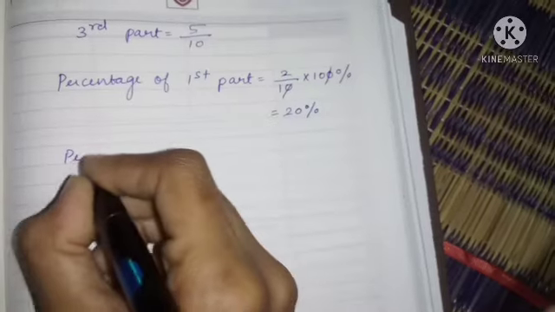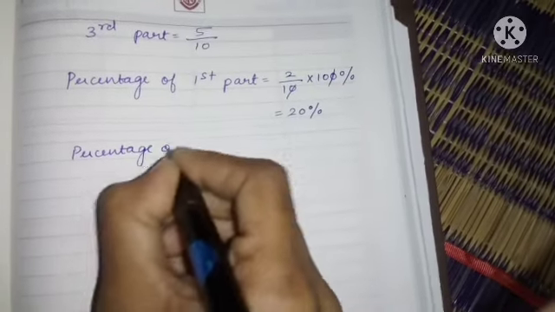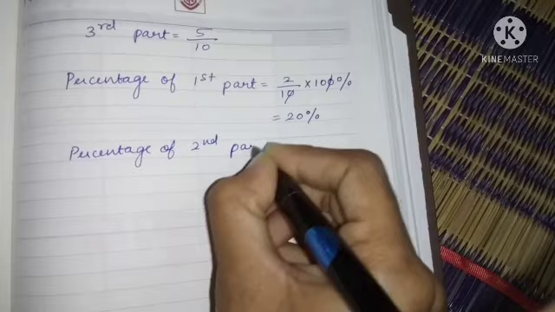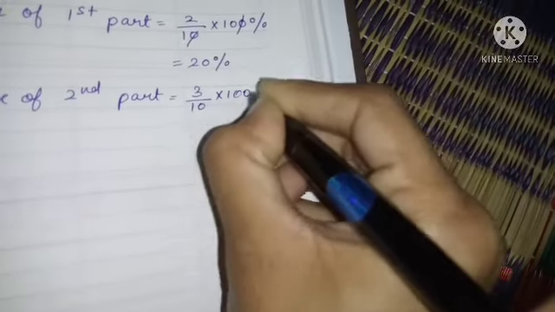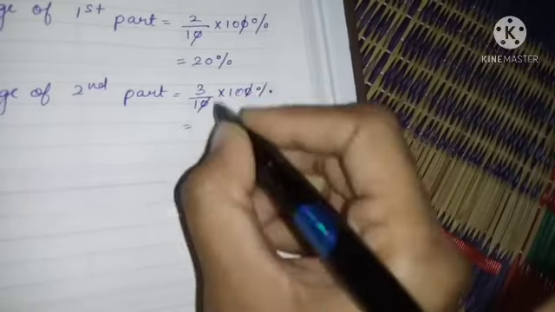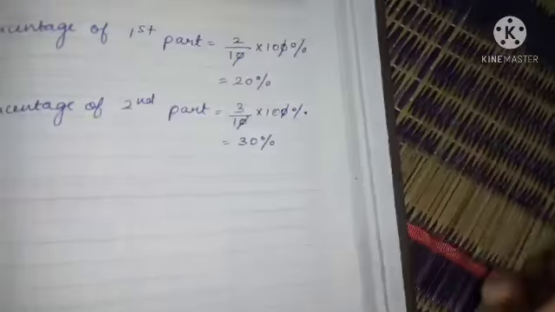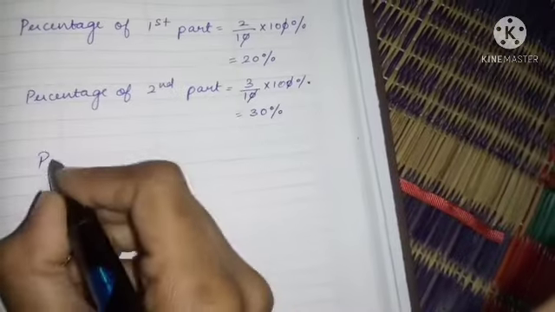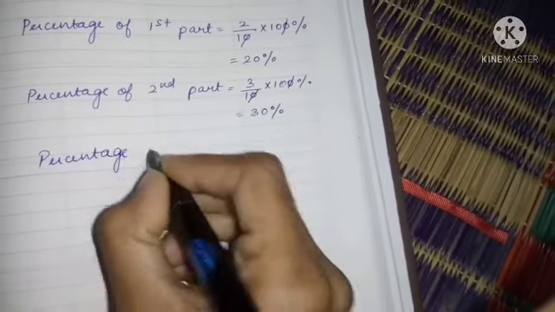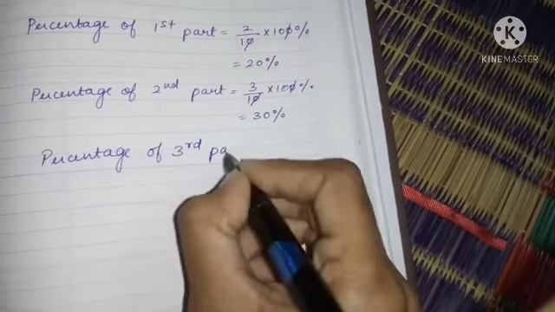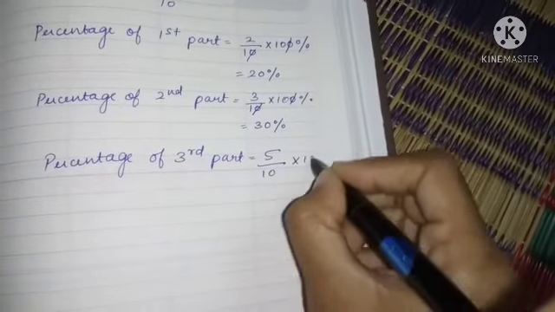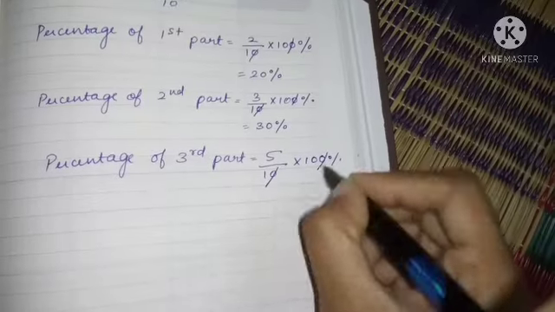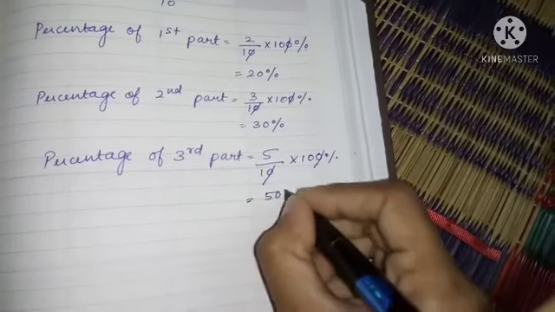Next, percentage of the second part, 3 by 10 into 100 percentage. 0, 0 cancel. 3 into 10, 30 percentage. Next, percentage of the third part. What is the third part fraction? 5 by 10 into 100 percentage. 0, 0 cancel. 5 into 10, 50 percentage.